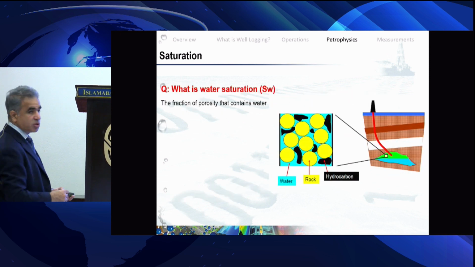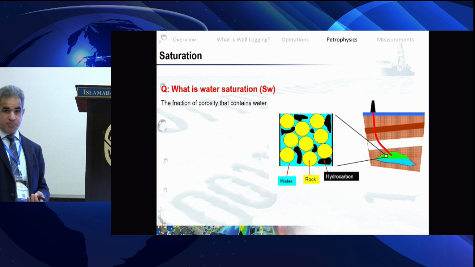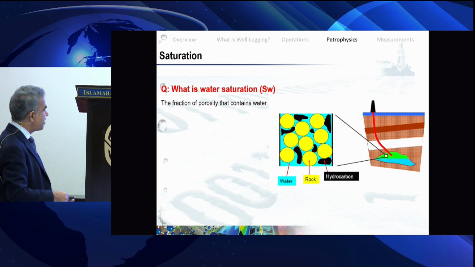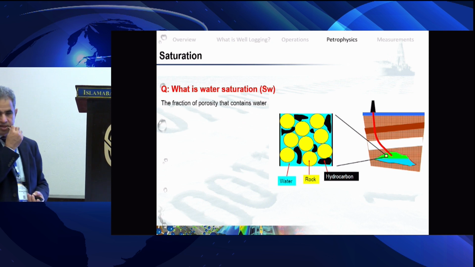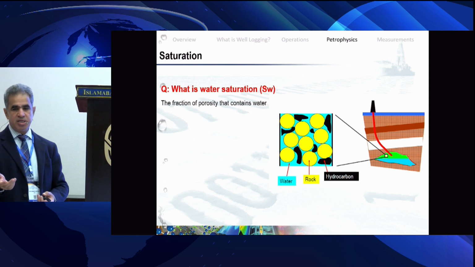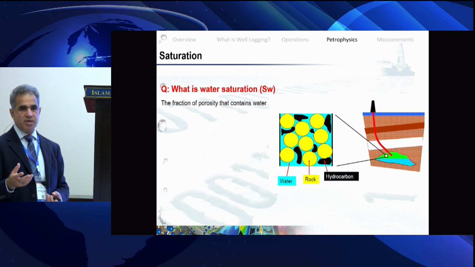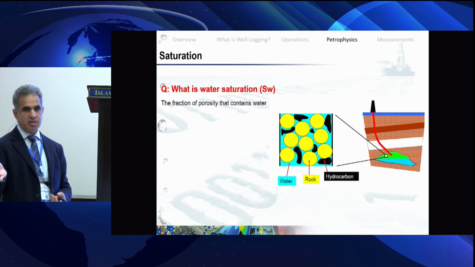So what is water saturation? We talked a little about porosity and permeability, and now saturation, and we quite often call it water saturation. This is just the convention. Normally our main goal is the hydrocarbon saturation, but our equations are made such that we compute water saturation, and 1 minus SW is the amount of hydrocarbon.